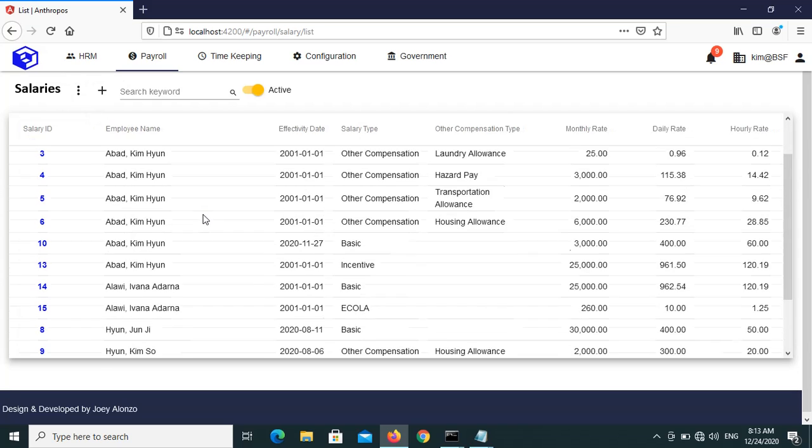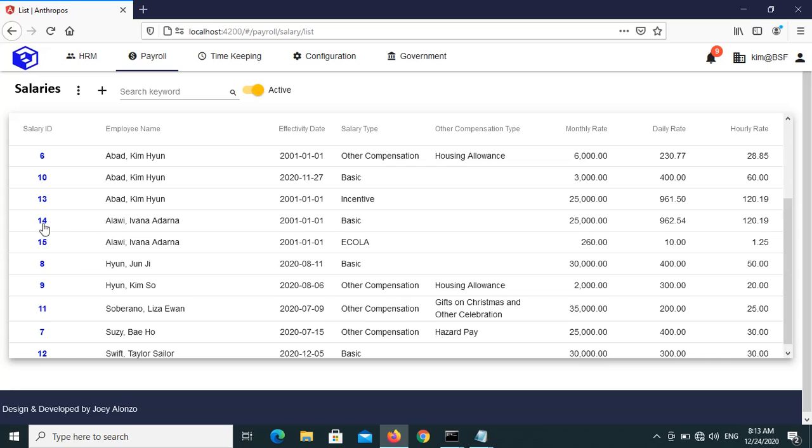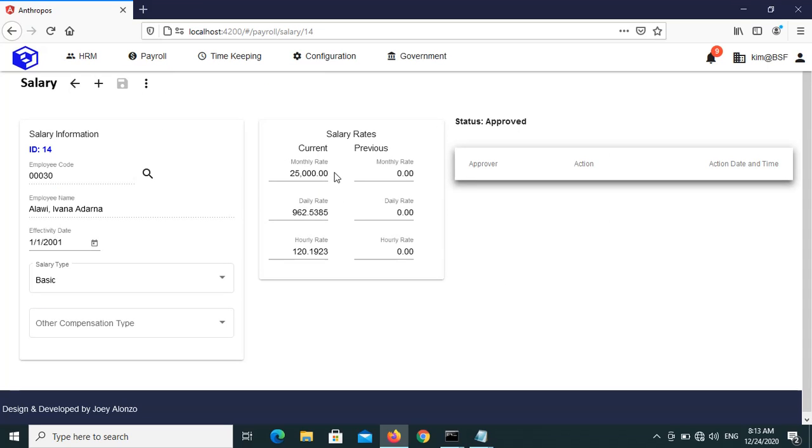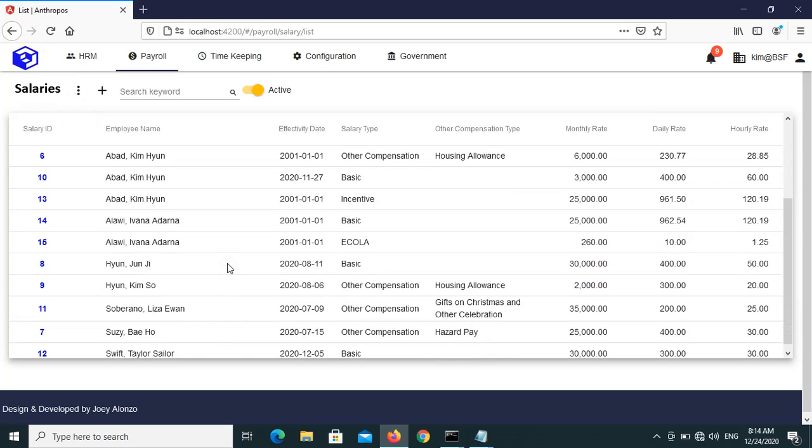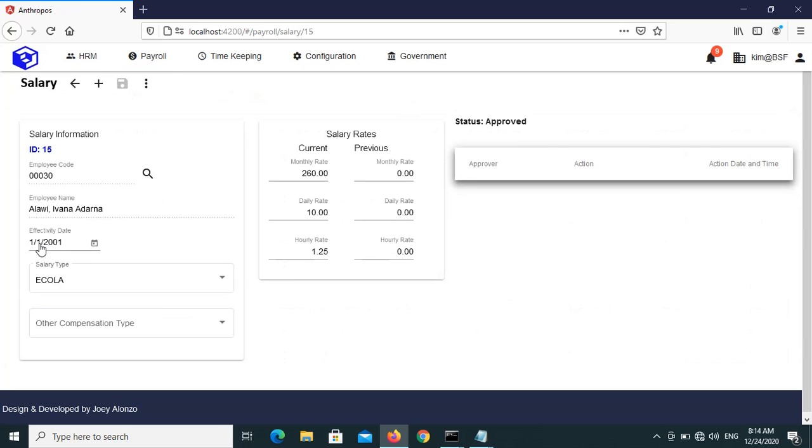Now for Alawi, basic pay is, for monthly rate is 25,000, daily rate is 962.5385, and hourly rate is 120.1923. Now for ECOLA, monthly rate is 260 and the daily rate is 10 and hourly rate is 1.25.